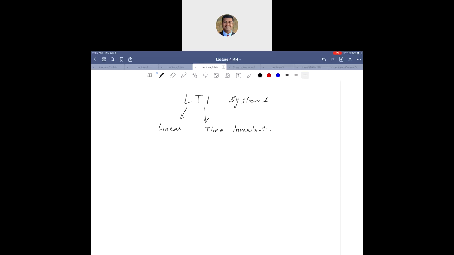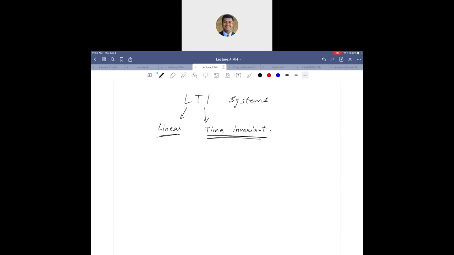The property of that system is the same today, the same tomorrow, the same day after, right? So if it's differentiating today, it'll differentiate tomorrow, it'll differentiate day after as well. So the properties of that system, the system operator, doesn't change with time. So if you combine linearity and the time invariance, you get LTI systems that you see a lot.